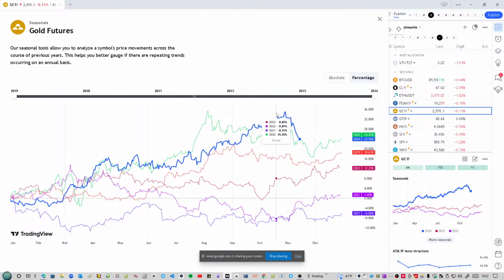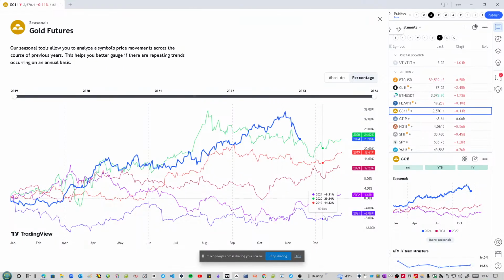But what you will probably see is here, the green line, 2020, gold came down. 2019, gold came down. 2023, gold from November here came down. Okay, then it rallied a little bit earlier. 2022 and 21, okay, gold came a little bit down, but around this area here, mid-November till December, gold generally comes down.